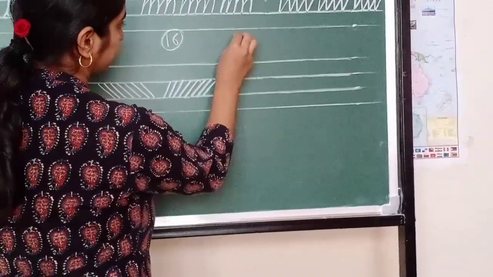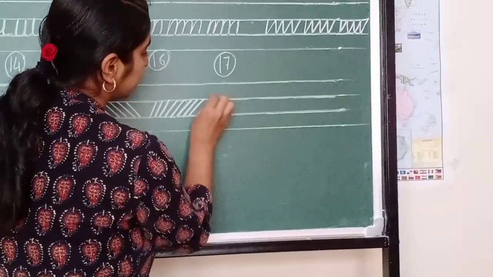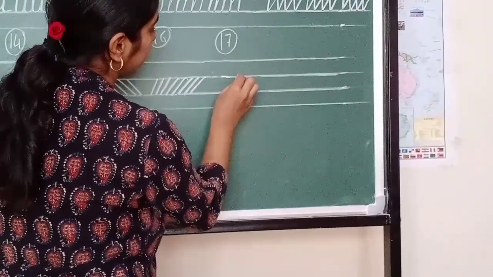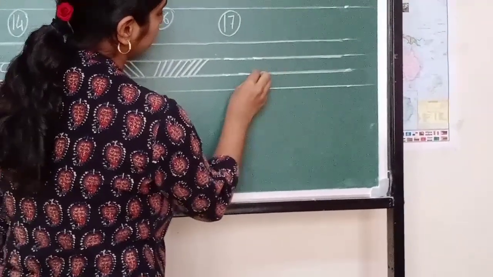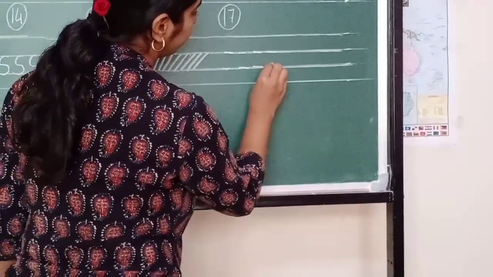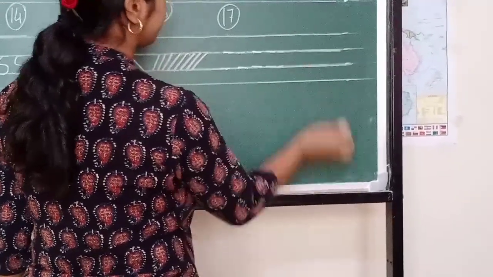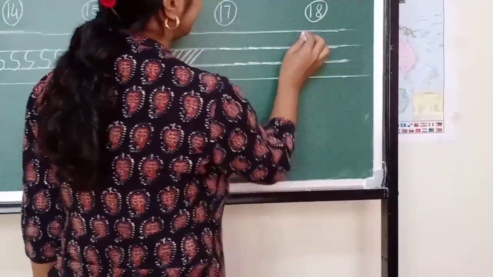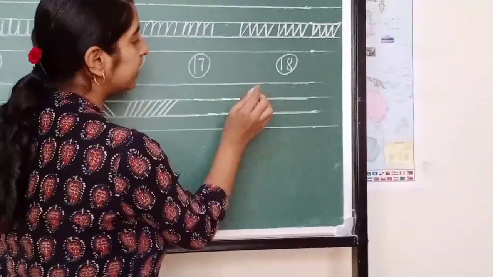Seventeenth. It is not equal, but you have to draw on the lines only. Once you get it, you should not make your hand reverse like this. Eighteenth. This eighteenth stroke should not touch the ascending line.